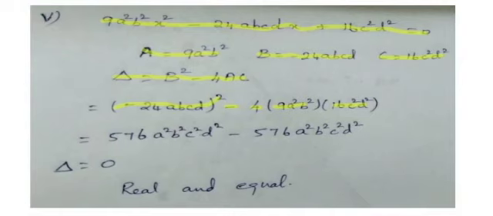Minus 24 the whole square is 576, and abcd the whole square is a²b²c²d². Minus 4 into 9 into 16: if you multiply these three numbers, you get 576, the same, times a²b²c²d². If you subtract these two, you get 0. So the discriminant is equal to 0, and the nature of the roots is real and equal.